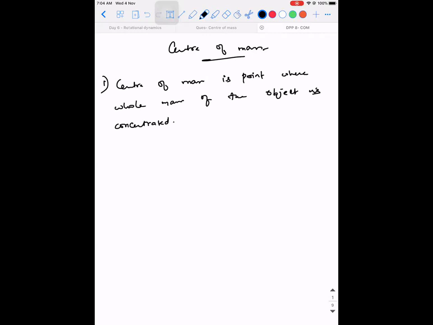If this is the case, then if I give you a system of points like this, M1 and M2, let's say these points from the origin are lying along the x-axis, at x1, 0 and x2, 0. Then where is the center of mass of the system?